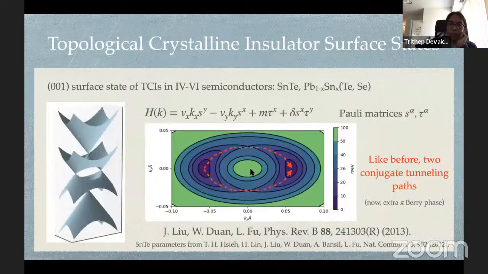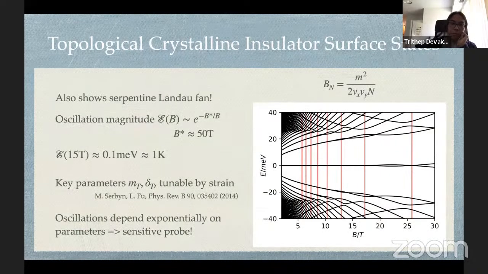So let me just put this model in a magnetic field. What you find is it also shows a serpentine Landau fan. You have this square root of B dispersion at low field, and as you get to higher field, you can begin to see that these states at 0 energy are actually oscillating about each other. The crossing points can be solved exactly, actually.